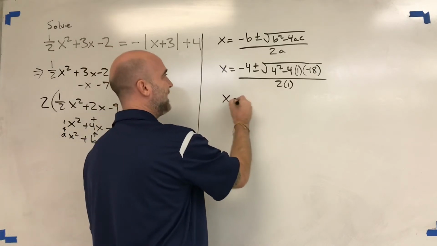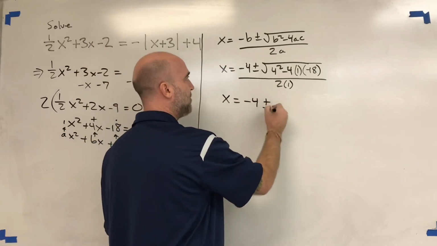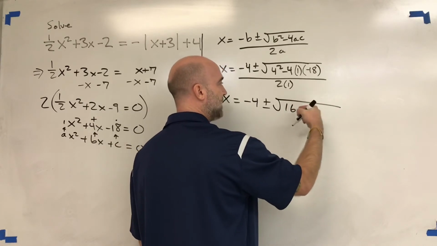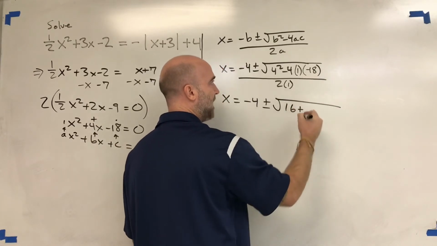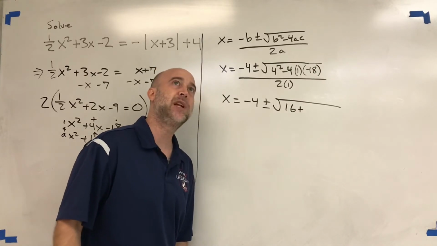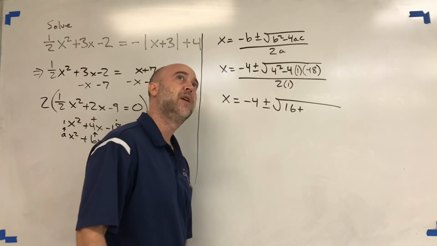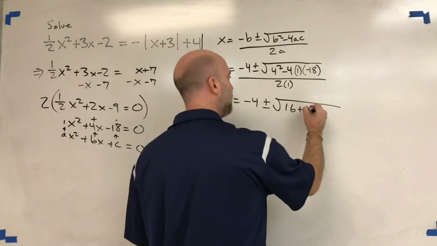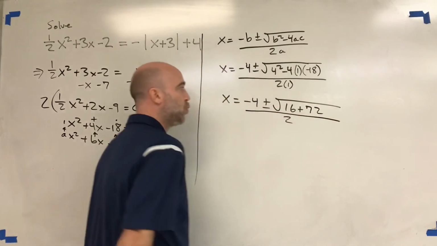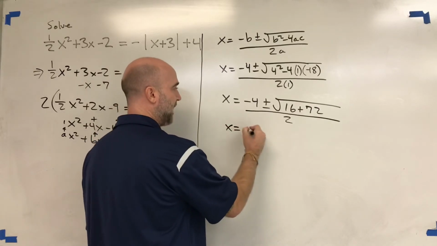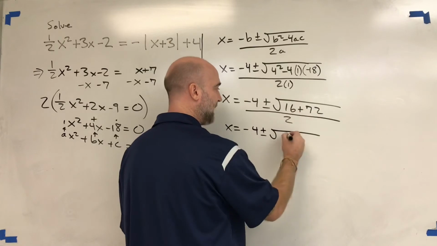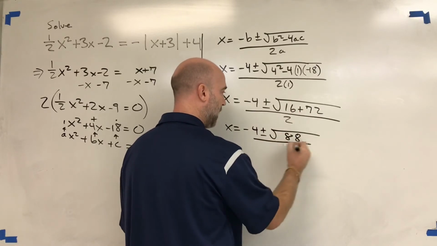And we got x equals negative 4 plus or minus the square root of 16 minus, and a minus times a minus makes a plus. 4 times 18 is 72. So 16 plus 72 is 88. All over 2. X is equal to negative 4 plus or minus the square root of 88, all over 2.